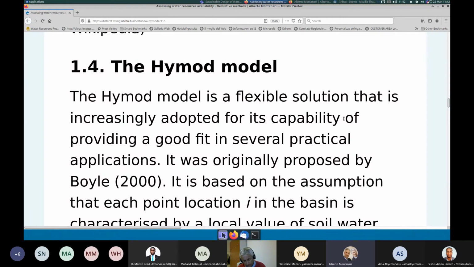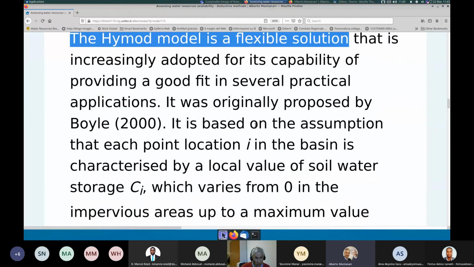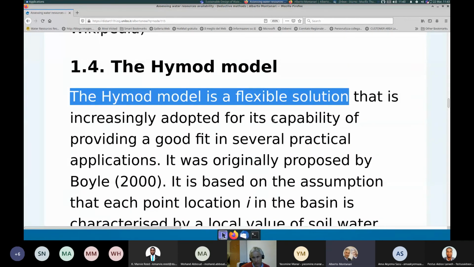And let me just anticipate that it's more flexible. It counts 5 parameters. And you see here the first line. The Imod model is a flexible solution, and it's widely used, while the linear reservoir is not widely used because the performances are not really good.